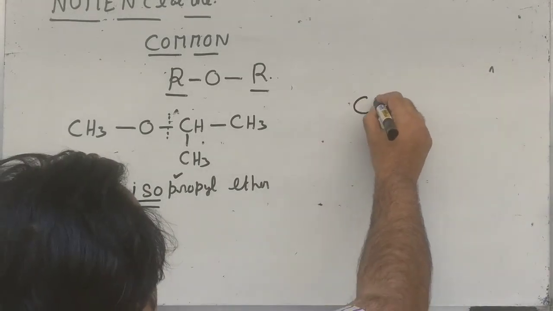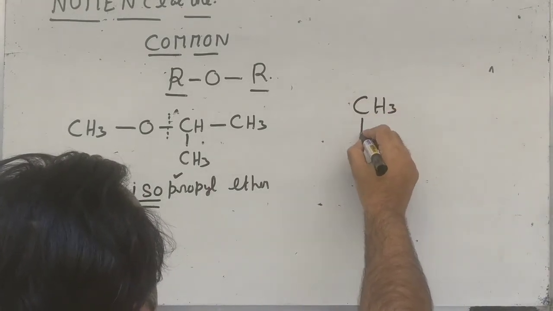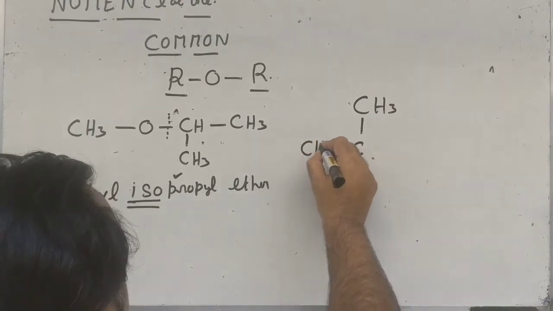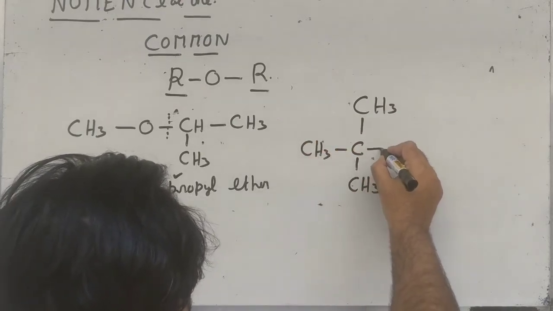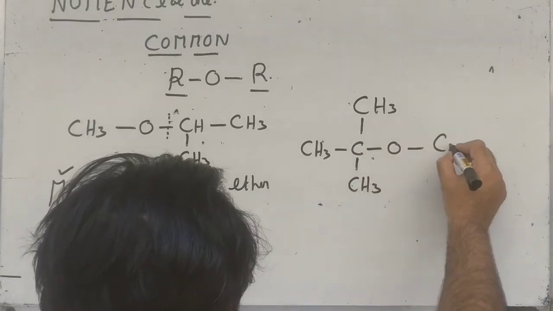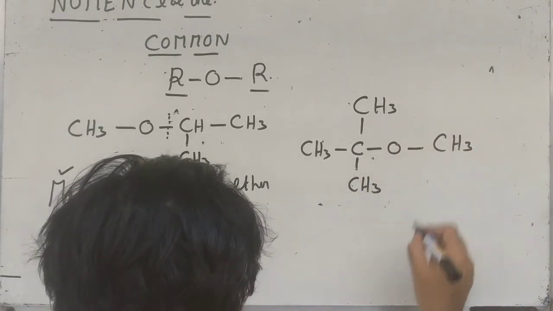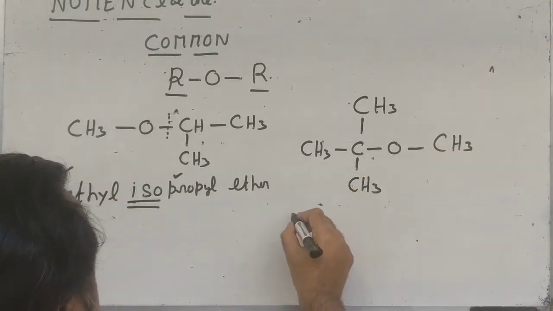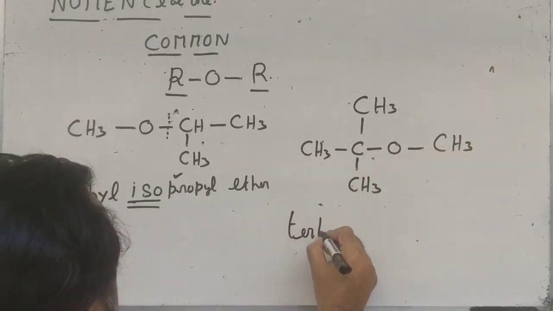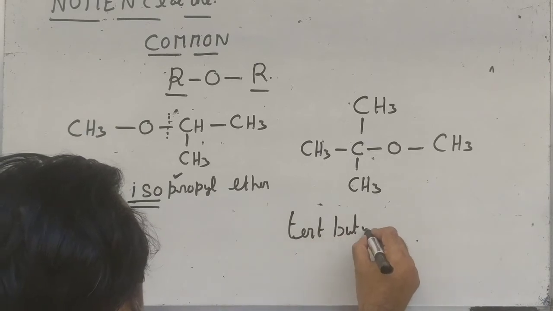Let's see the other one. This is a tertiary butyl group, basically butyl group, and this is the methyl group. So this is butyl, this is methyl, so we call it tert-butyl.